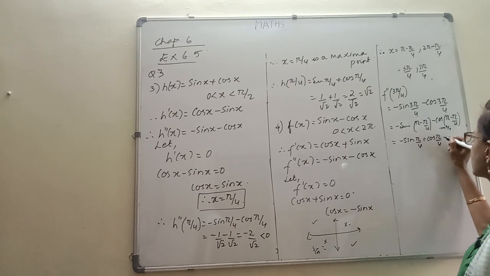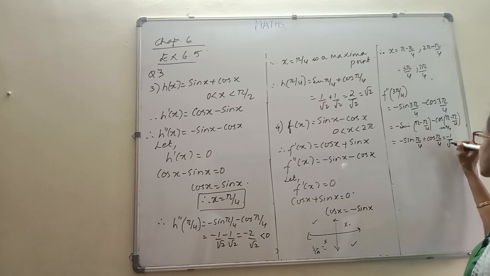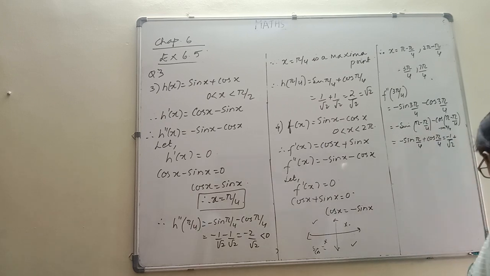So here it's going to be minus 1 over root 2 plus... so therefore it is minus 1 over root 2 plus 1 over 2.